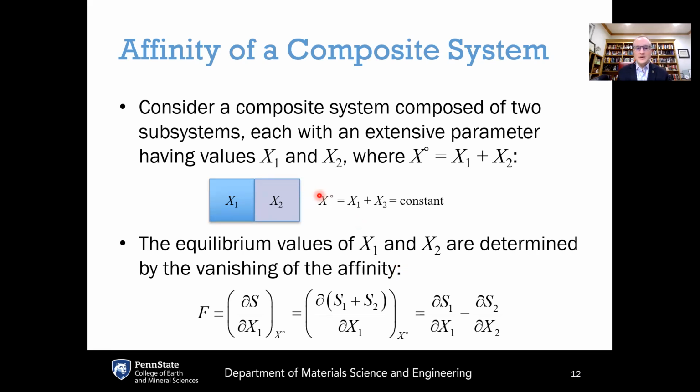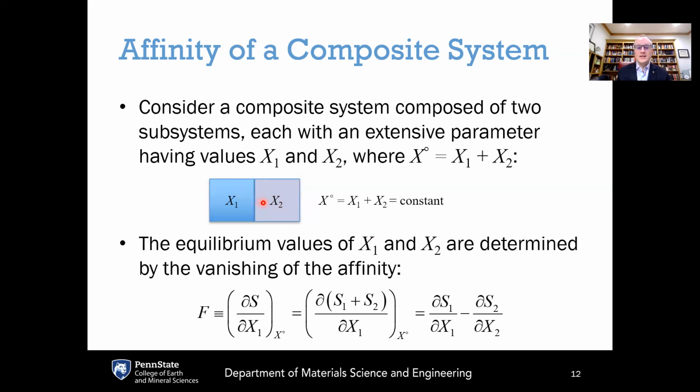Now, let's consider the affinity of a simple composite system here that is composed of two subsystems. So if we've got a left subsystem here that has some extensive thermodynamic parameter x1, and then on the right-hand side for the second subsystem, it has a thermodynamic parameter x2.